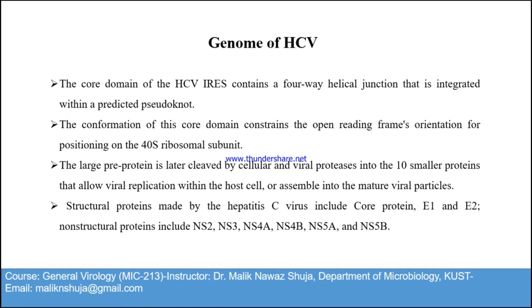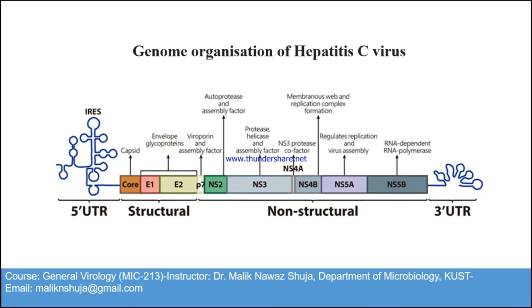The structural proteins include the core protein and envelope 1 and envelope 2 glycoproteins, while the non-structural proteins include NS1, NS2, NS3 up to NS5, which encodes the RNA-dependent RNA polymerase. So this is the basic genomic organization of hepatitis C virus.